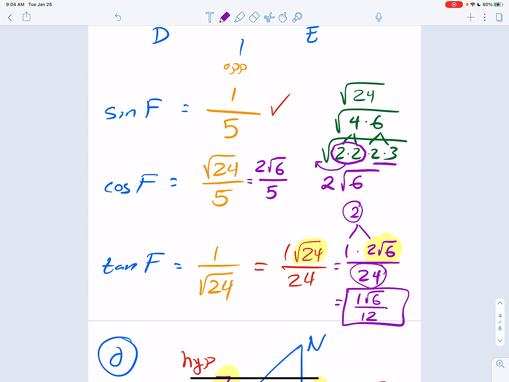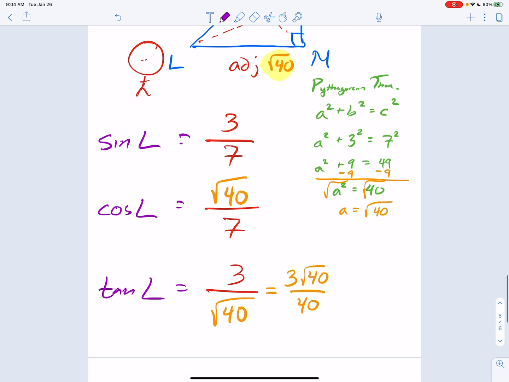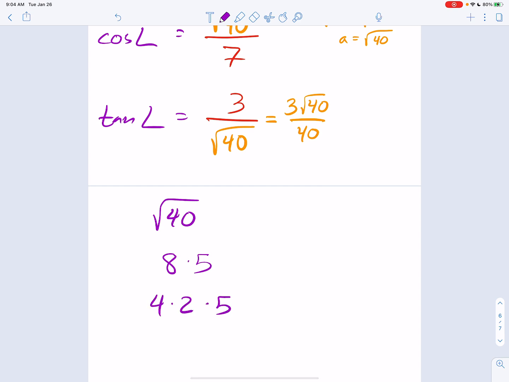All right? So let's try that here. The square root of 40, can that be simplified? Well, I know 40 is 8 times 5, and 8 is 4 times 2, and 4 is 2 times 2, so 2 times 2 times 2 times 5.